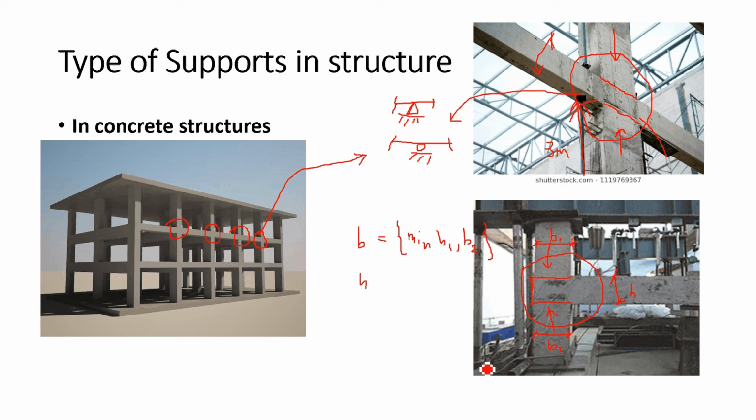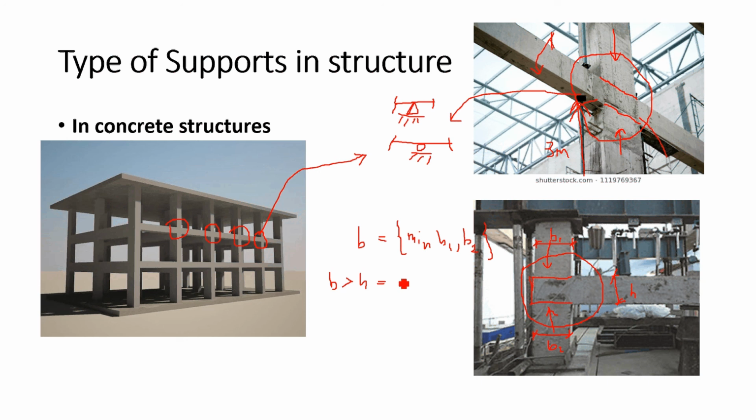So my idea is, if your B is greater than your H, think about it this way: the holding force of these two people pushing is higher, you will get high force, high pressure.